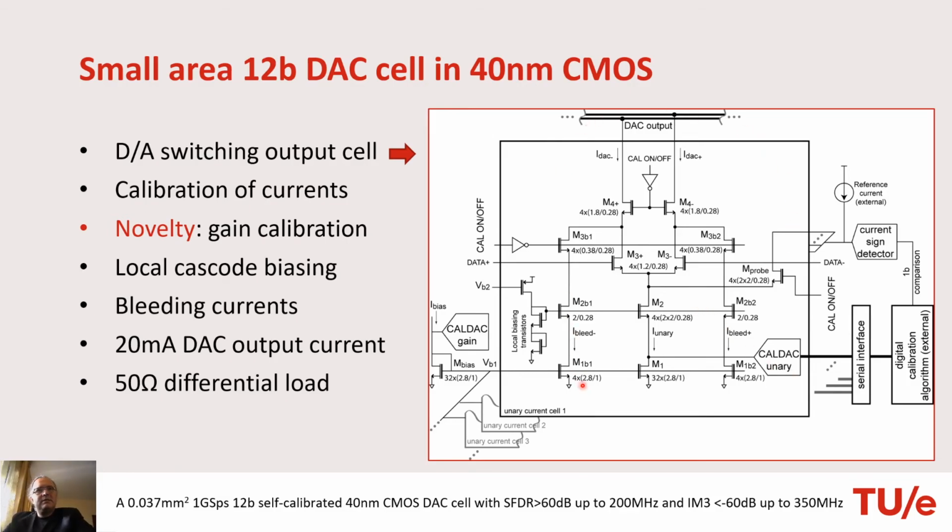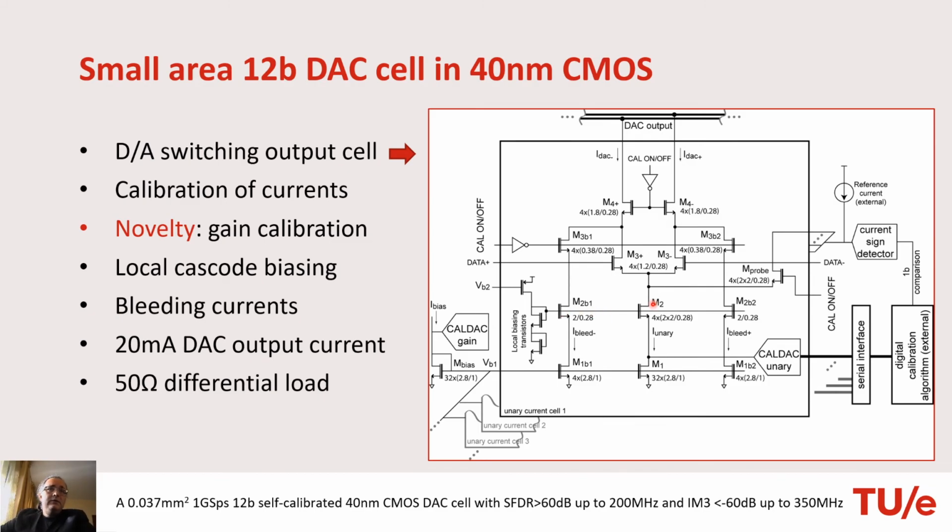So this is one cell, and we have many of these in parallel, and in the output we sum up the current contributions. Another interesting thing about our architecture is using local cascode biasing. Every cascode here is individually biased. We generate the biasing currents at one place in the chip, and then only locally we translate this into a bias voltage for the current cascodes.